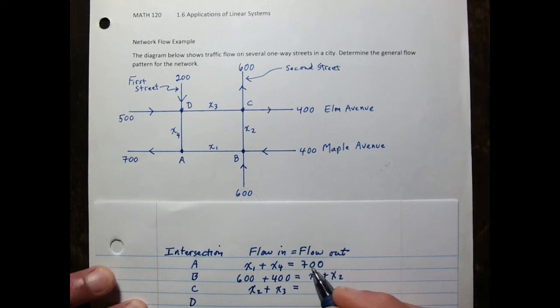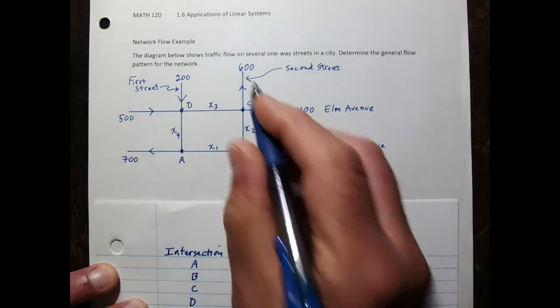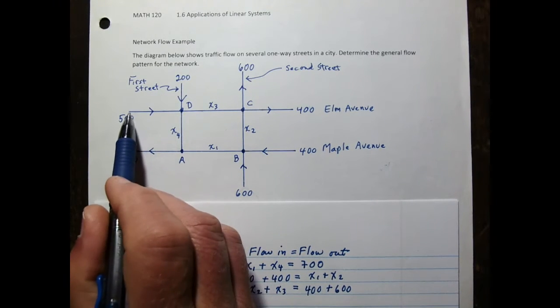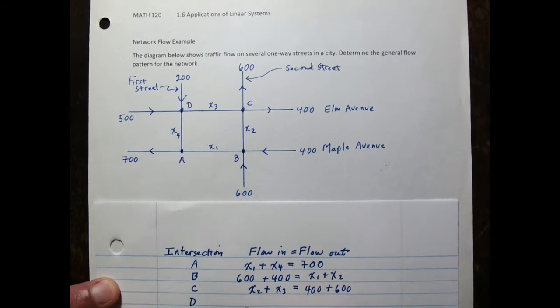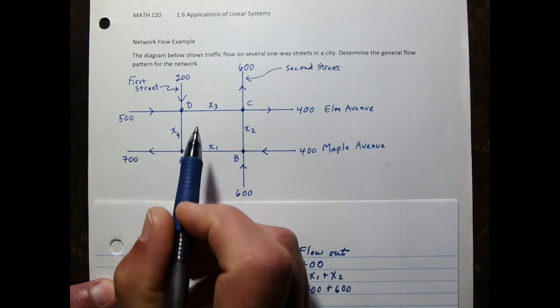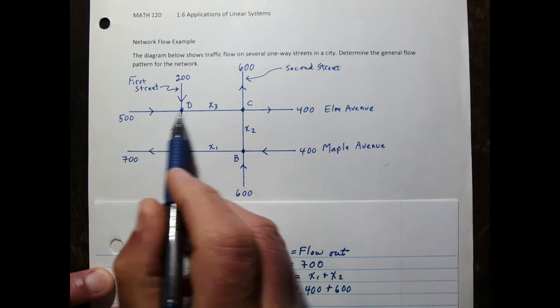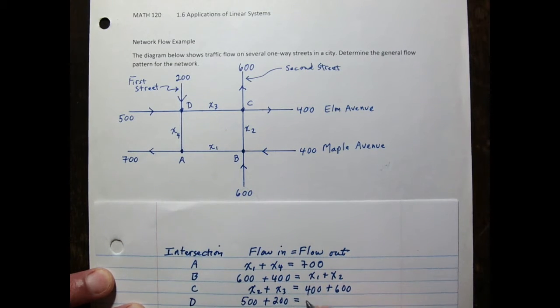And the flow out is 400 plus 600. And finally, at D, flow in is 500 plus 200. And the flow out is going to be x3 plus x4.